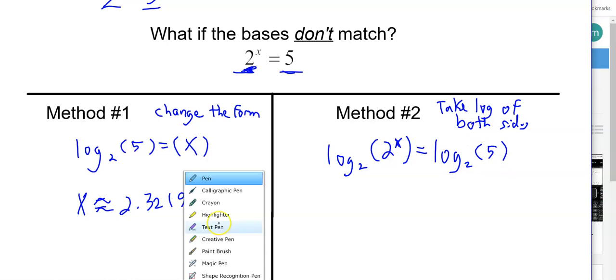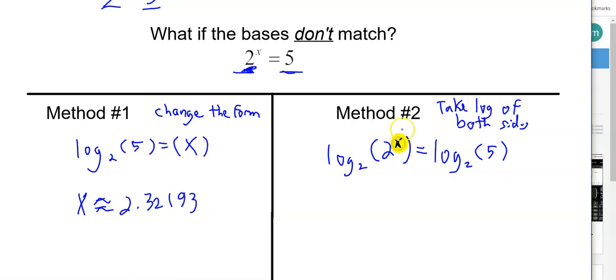If you remember the properties, one of the laws of logarithms is about that exponent. We can put it out front, right? So x times log base 2 of 2 equals log base 2 of 5. And hopefully you know log base 2 of 2, 2 to the what power is 2? That's just 1.